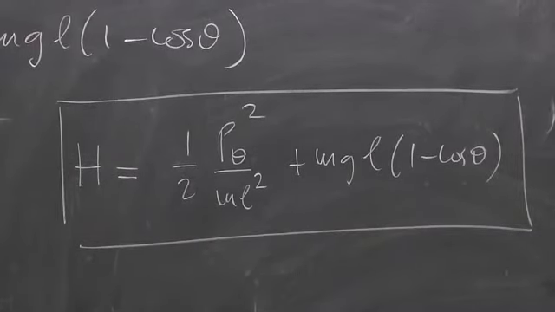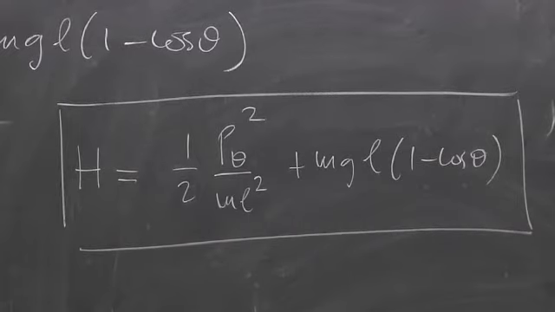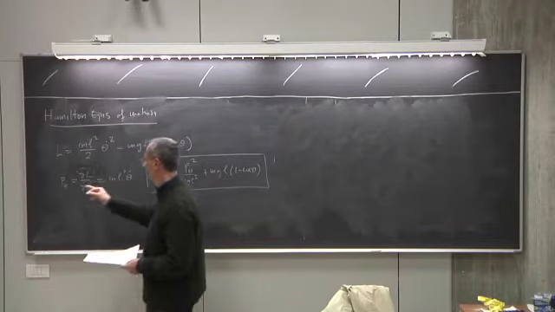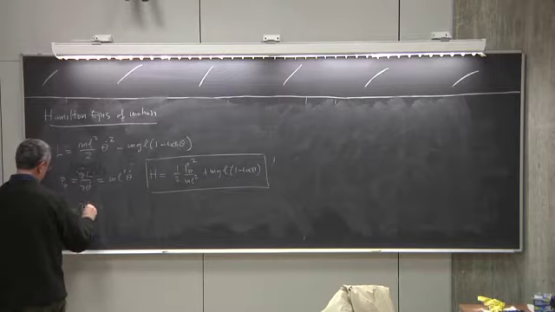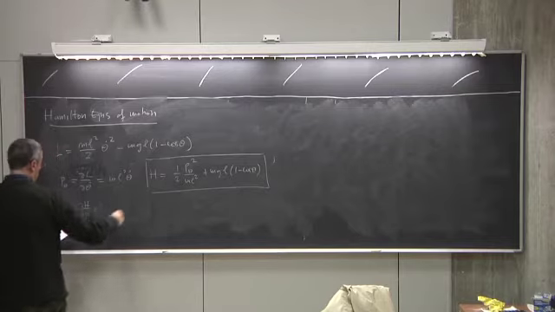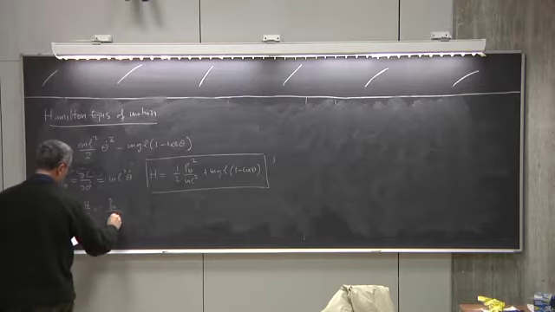And what are the equations of motion? Well, one is this one here. Remember, this is always theta dot equals dH/dp theta. That is just p theta divided by m l squared.